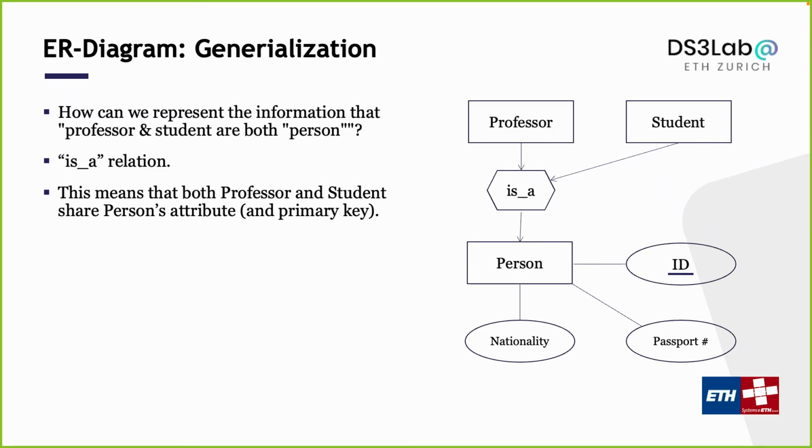I hate to say it, but just try to Google it. How to model this in an entity relationship diagram? Highly likely you are able to find it. The entity relationship diagram is a language with very rich semantics, and we only talk about a very small part of it.